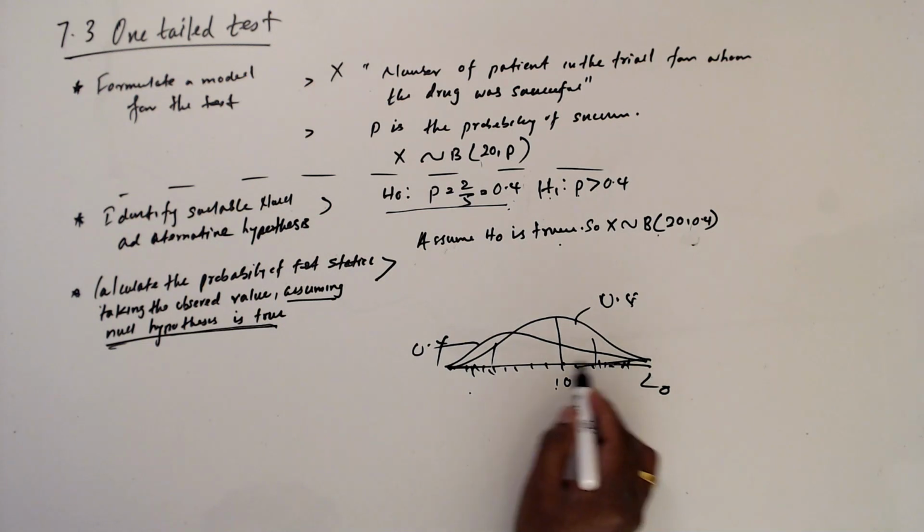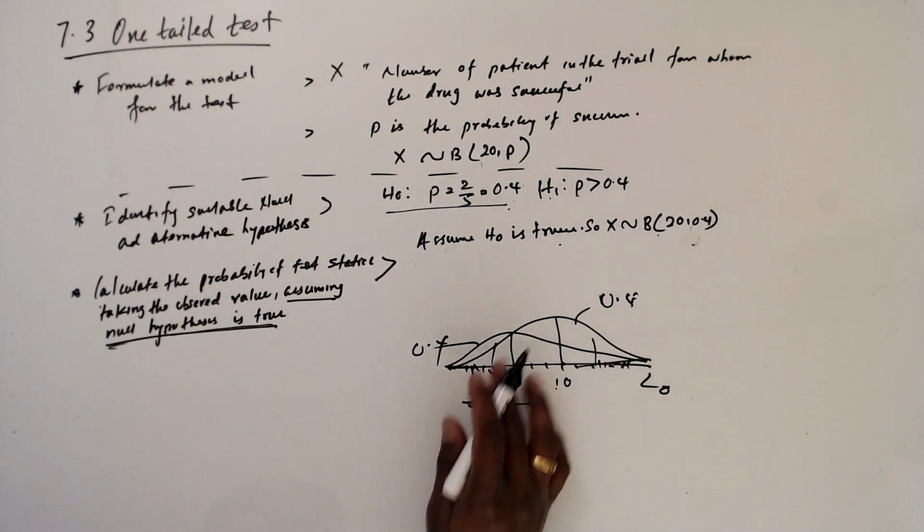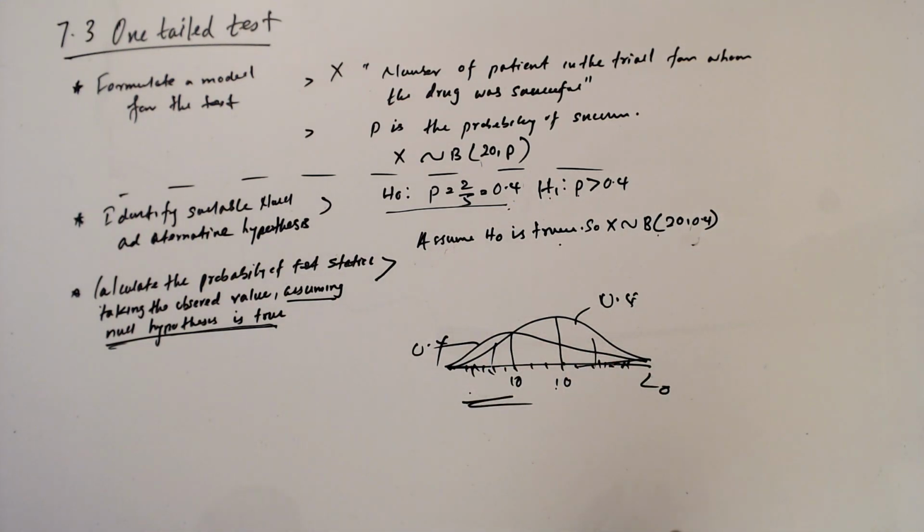According to 0.4, 10 lies somewhere here. If you can't understand this, just leave it for a while.